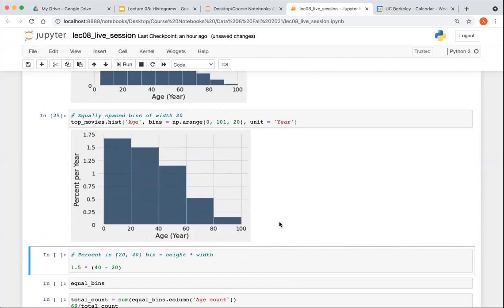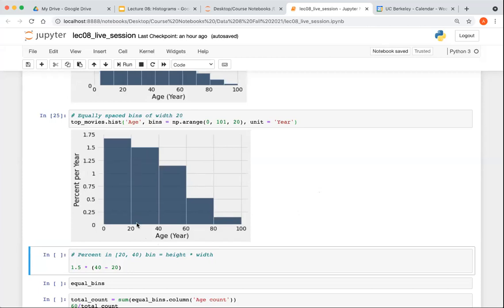And I want to emphasize that we have not yet spoken about what the vertical axis represents. The horizontal axis, I think, is pretty clear what it represents. What we're going to do is just confirm that it's the area of the bar that represents the percent of entries, the percent of movies in the bin. Now, for now, ignore units.